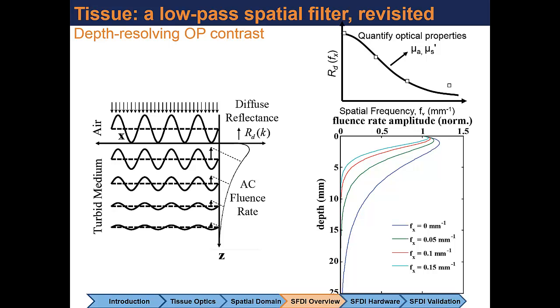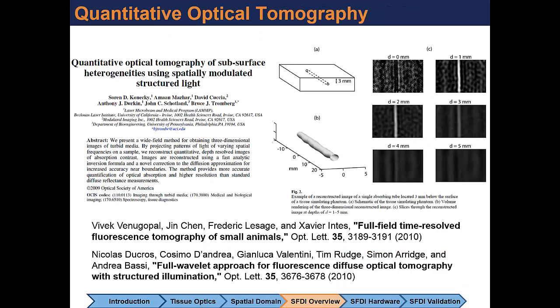Fundamentally, this should allow us to do some sort of depth resolution or depth tomography by scanning the spatial frequency and perhaps in combination with scanning the wavelength. I won't go into detail in my talk, but I will point to a few references that have been excellent at describing how you would do this diffuse optical tomography with structured light and with SFDI. And here are a couple of references.